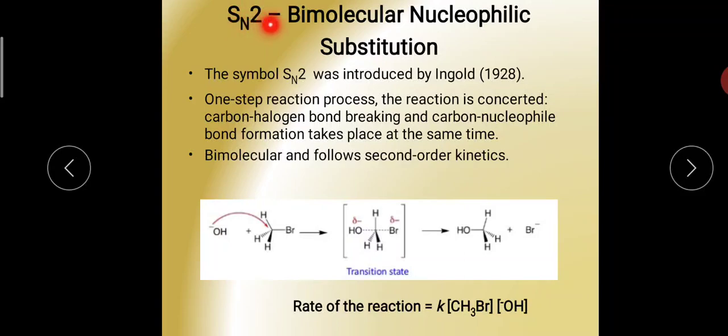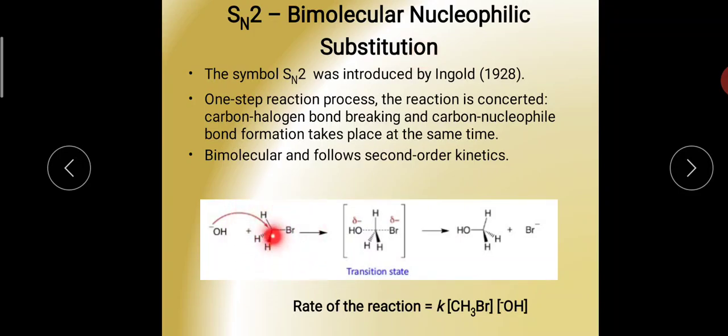This particular mechanism takes place in one step. So this reaction takes place in just one step, and almost all your nucleophilic substitution reactions are characteristic reaction of your alkyl halides. So the major substrate over here is your alkyl halide.